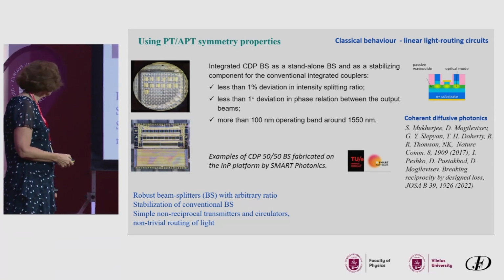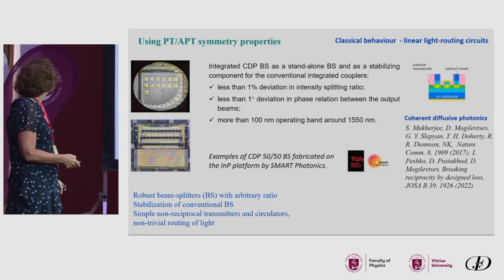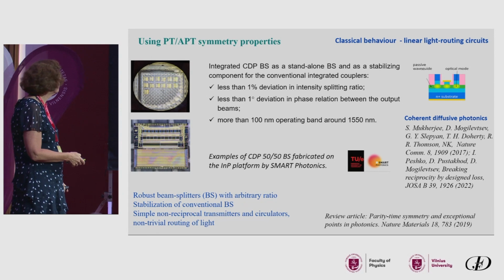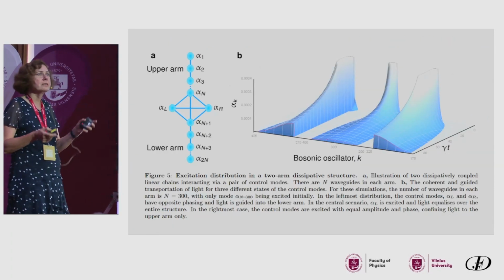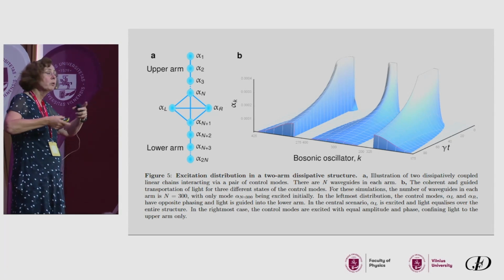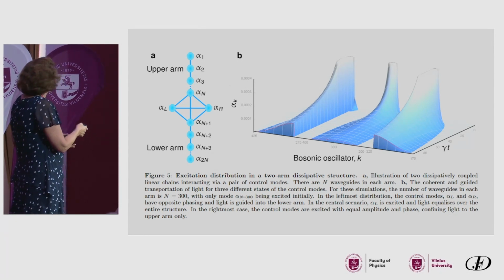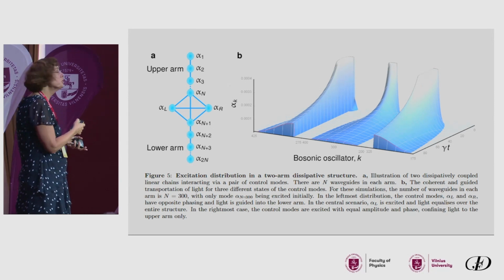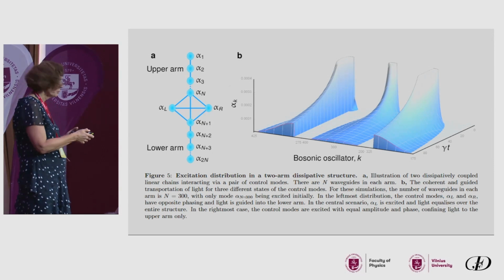And different other routing possibilities. You can also think about more complicated structures. This is just a toy example. Using the quantum correlations present in the system, this collective behavior, if you initiate this mode initially, then by choosing what you couple in here, you can decide how light is going to propagate.